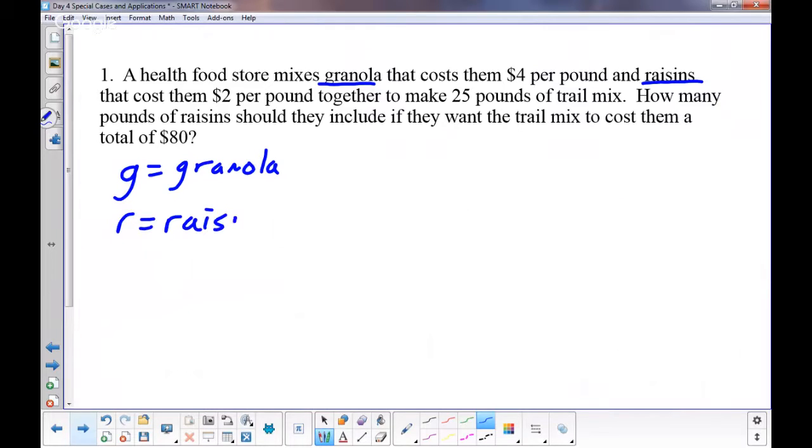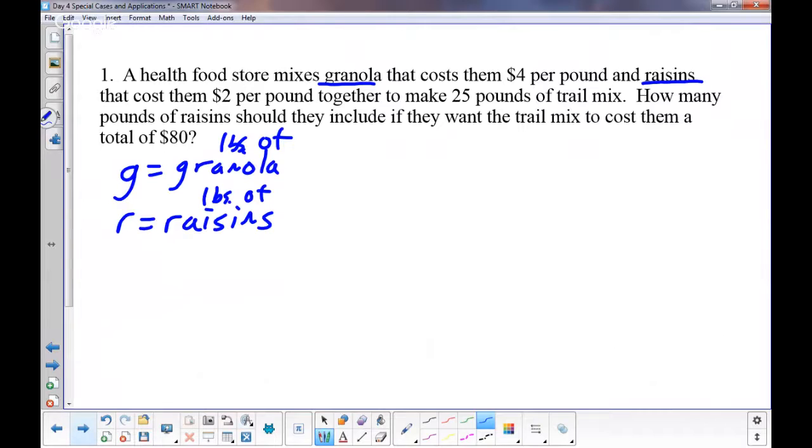And now these are pounds of each, right? Pounds of granola, pounds of raisins, and LBS is shorthand for pounds. So those are pounds of granola and pounds of raisins, G and R.